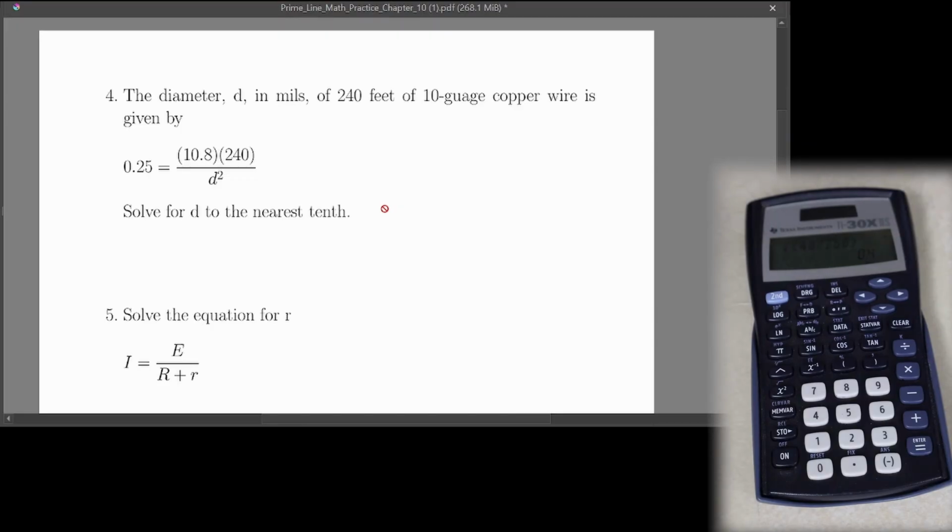All right, in this problem, we've got a value D, and it's a value in mils, we have feet, and we've got the rest of our equation. To simplify this, if I write this over 1 and I cross multiply, I can get D squared times 0.25 equals the 10.8 times 240 times 1, and then I can divide by 0.25.